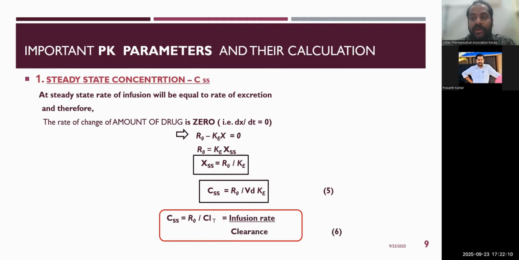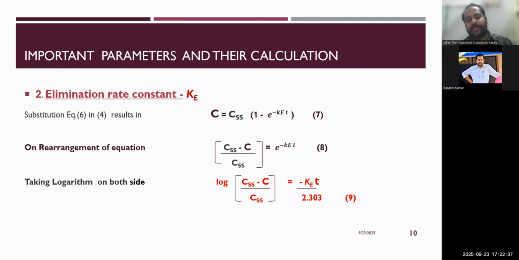Converting in terms of steady state concentration, we have R0 divided by KE into VD. So we can say that CSS is equal to R0 by total body clearance, CLT. Or you can say that steady state concentration will be equal to the rate of infusion, R0, divided by clearance. The second parameter is elimination rate constant KE.